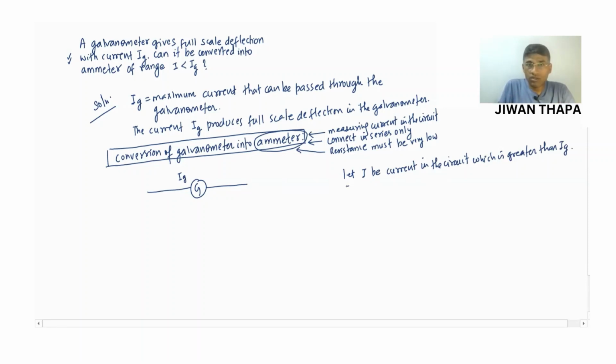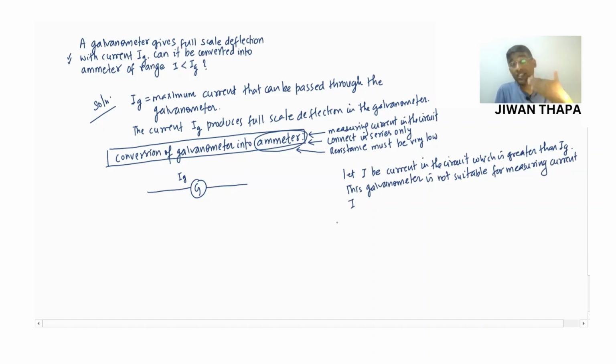Now this galvanometer is not suitable for measuring current I. Why? Because the needle will be out of scale. So it is not suitable for measuring current I in the circuit.